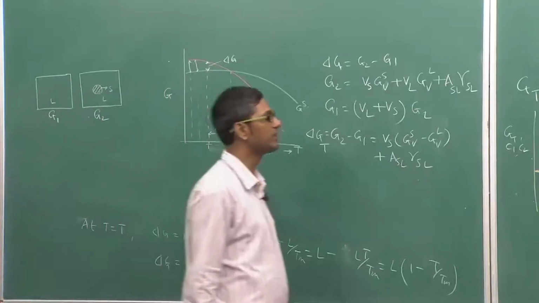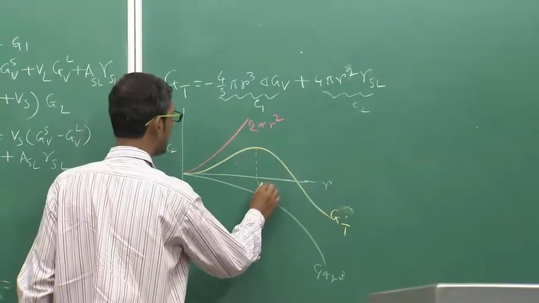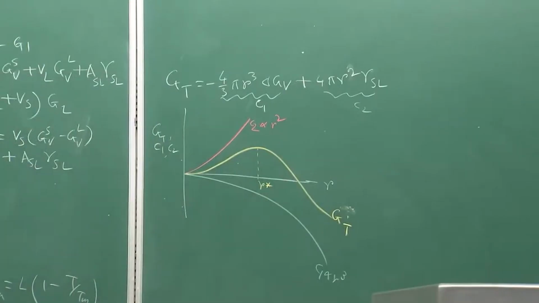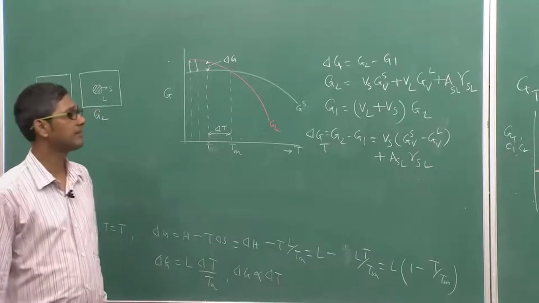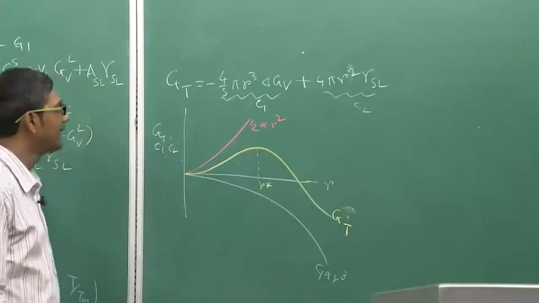So in between there is a maximum value, and this maximum we always term the critical value, known as R star in the literature. All of you have read these things. R star is the critical value of R at which this peak happens. This plot tells you that nucleation is a barrier-dependent phenomenon.